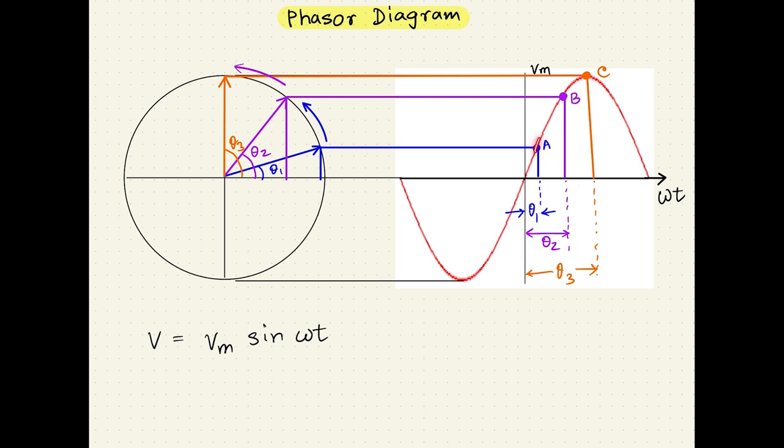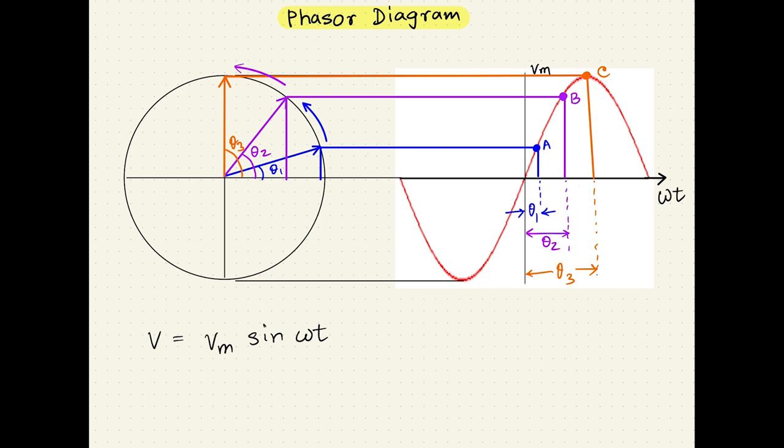Similarly, if we go farther along the sinusoid and reach point B, we get this purple vector in the polar coordinates, which has the angle theta 2, which is actually the phase angle of the sinusoid at point B. Similarly, for point C, we get this orange vector in the polar coordinates.